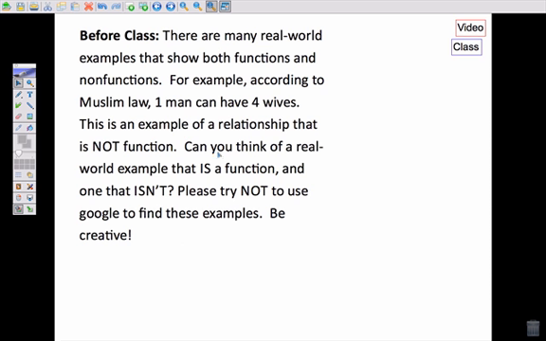Your before class, and we talked a little bit about this in class, but there are a lot of real-world examples that can show either functions or not. In 7th period especially, we talked about this one right here. Actually, I guess we did in 2nd too. According to Muslim law, one man can have 4 wives. If we draw this out, we've got a man here, and there's his wife.